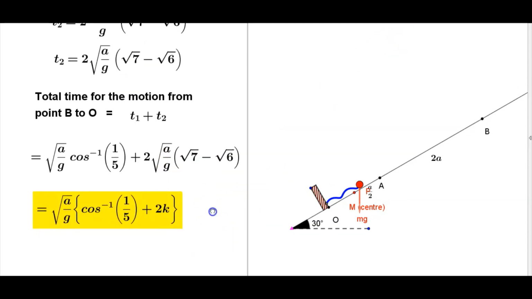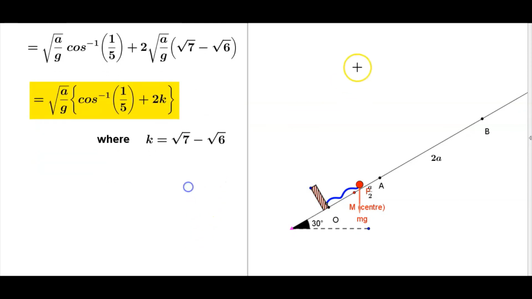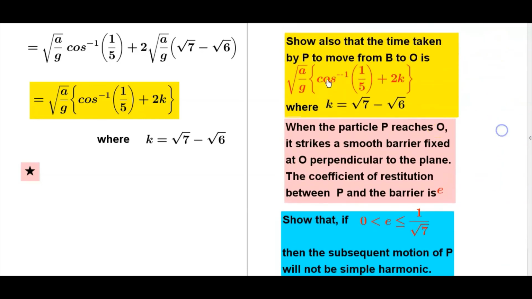When we simplify this, square root of A over G is the common factor outside the bracket. Within the brackets, cos inverse 1/5 plus 2K, where K is equal to root 7 minus root 6. This is the total time we already calculated.